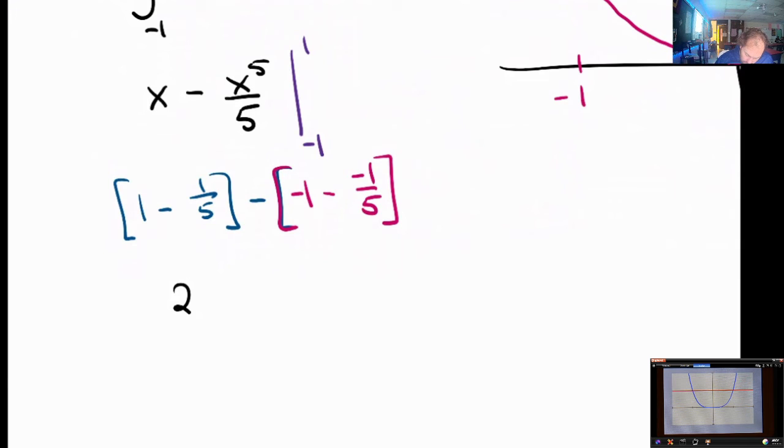Is the answer 2? Would the 1/5 cancel out? Am I thinking about that correctly? -1/5 minus -1/5, that would be a 0. So it's going to be 2. I think that's the answer. I'm just going to confirm that really quick. Nope, I'm wrong.